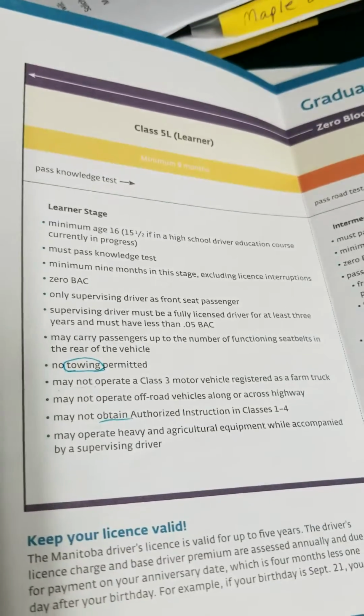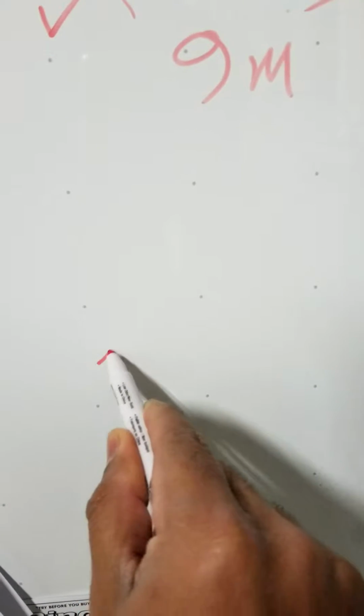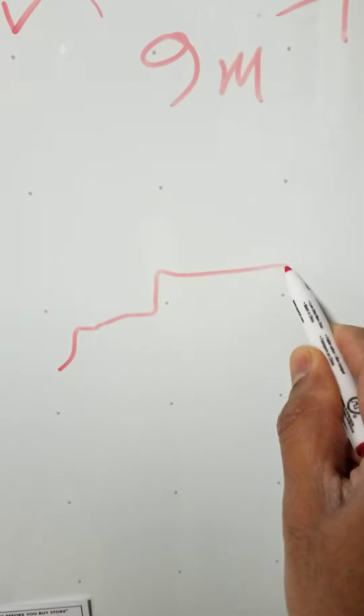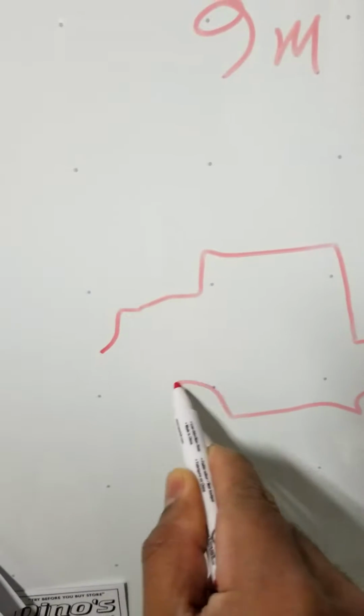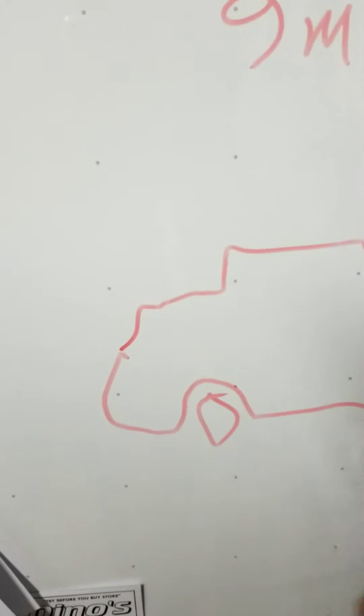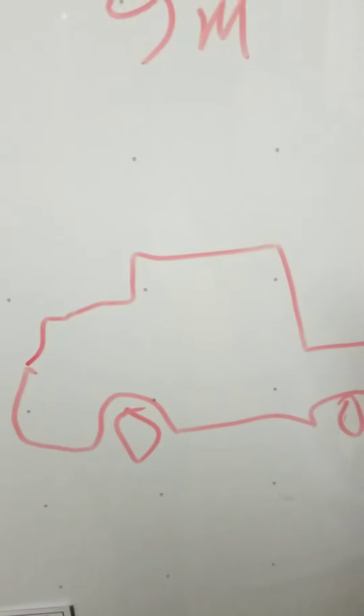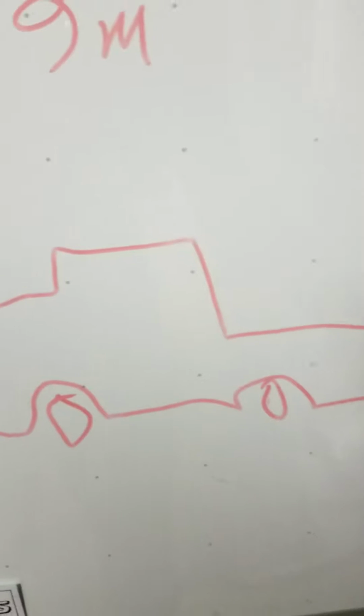No towing permitted. Towing means some people carry a trailer. If you are driving a truck, let's assume this is a truck, and you are pulling a trailer at the back, which has 2 wheels, 2 on each side, this is not permitted in this license.